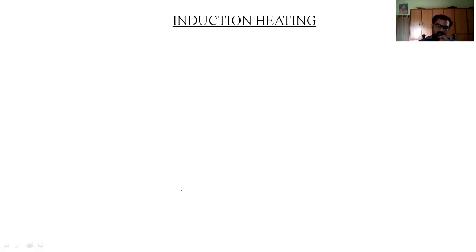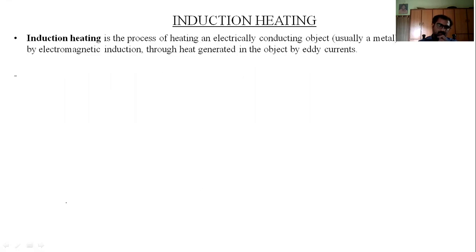Now the definition. Induction heating is the process of heating an electrically conducting object, that is, a conducting material. Earlier, in the introduction, I clearly told that insulating material is used for the dielectric process, and all conducting materials are taken for induction heating.